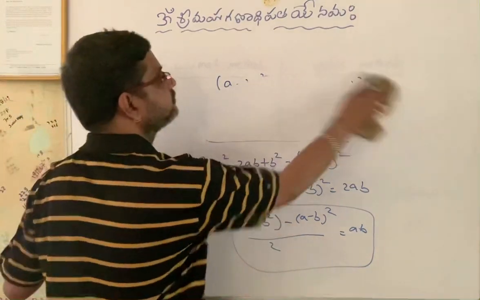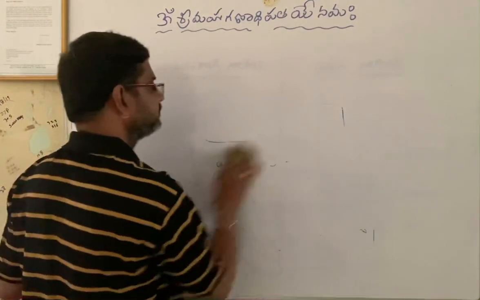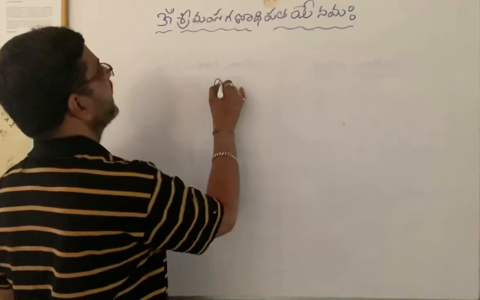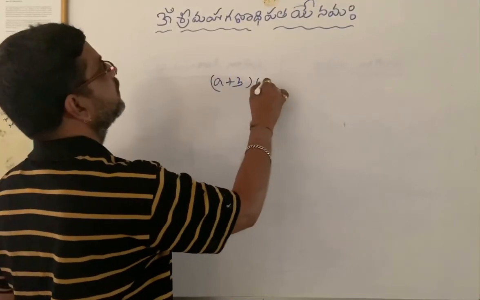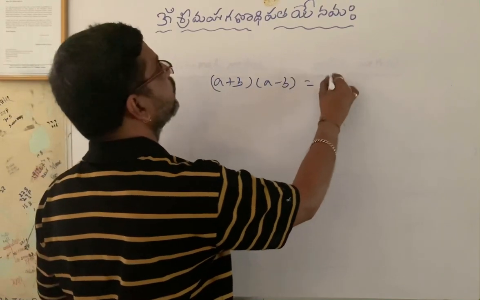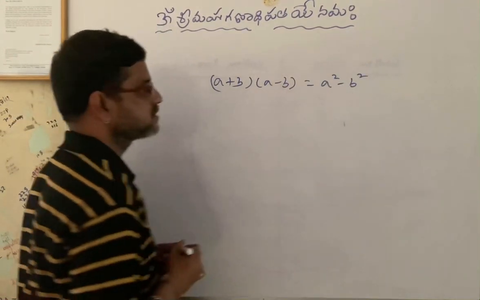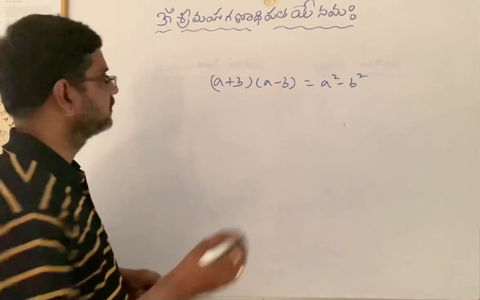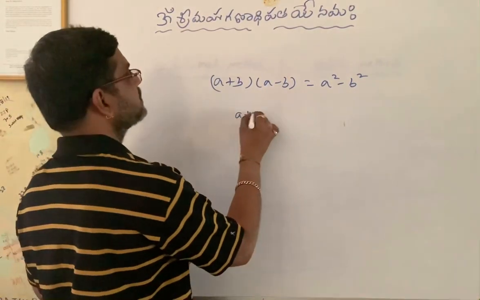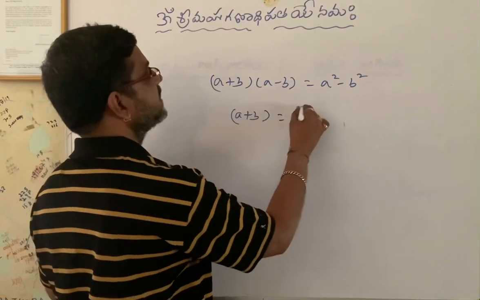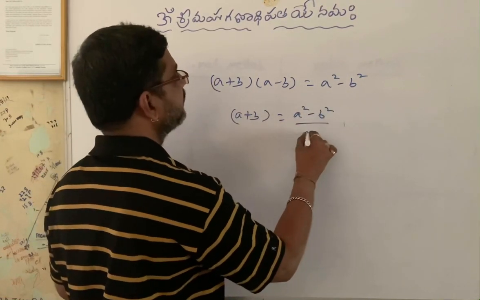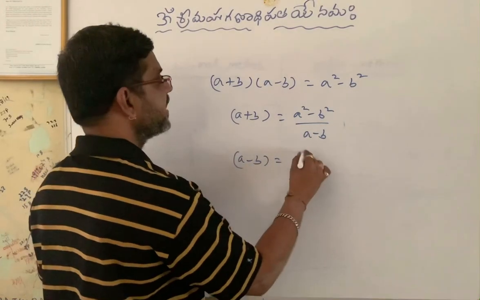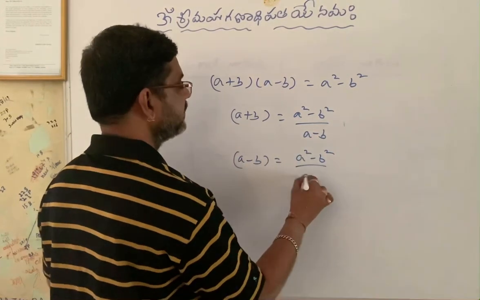Another one. We know that (a plus b) into (a minus b) is equal to a square minus b square. So from this we can write two more formulas, that is a plus b is equal to (a square minus b square) by (a minus b), and a minus b is equal to (a square minus b square) by (a plus b).